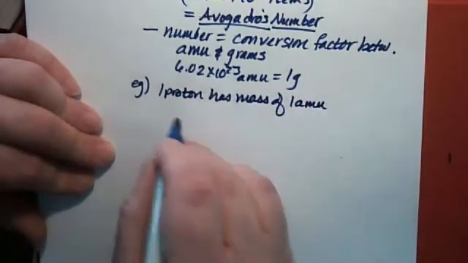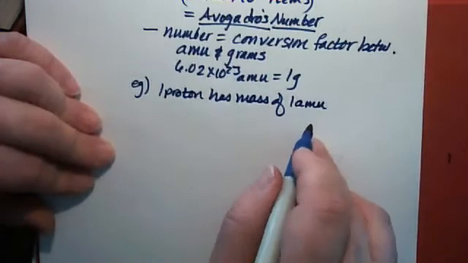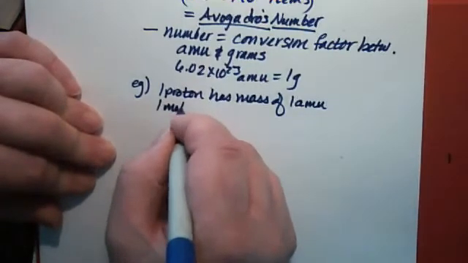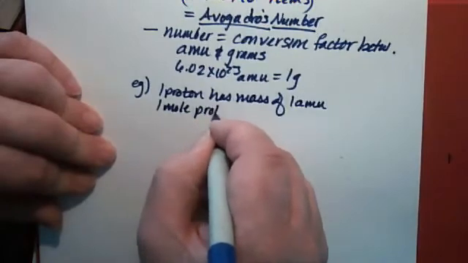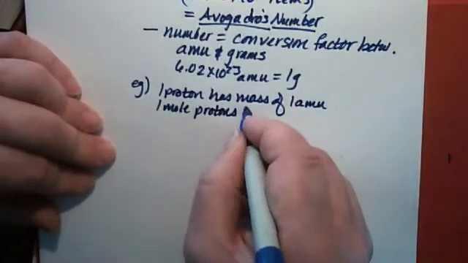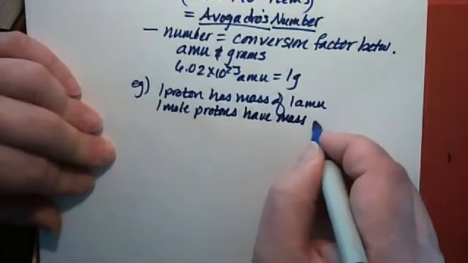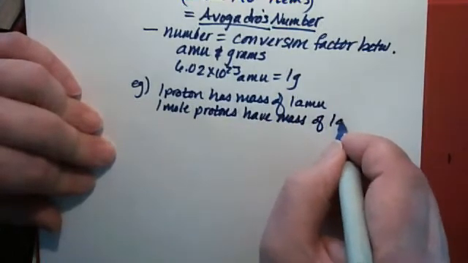And so, in other words, 1 proton would have a mass of 1 atomic mass unit. 1 mole of protons would have a mass of 1 gram.